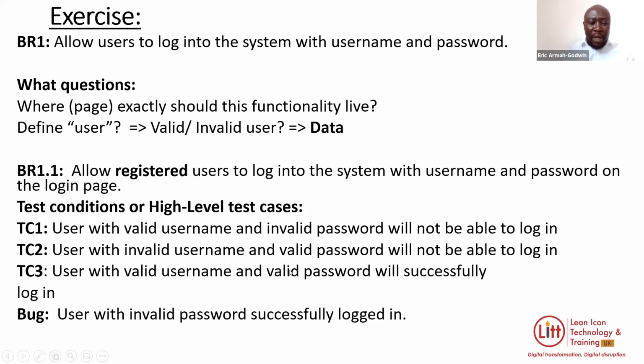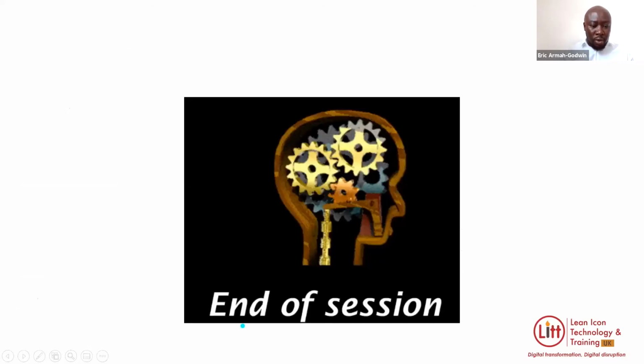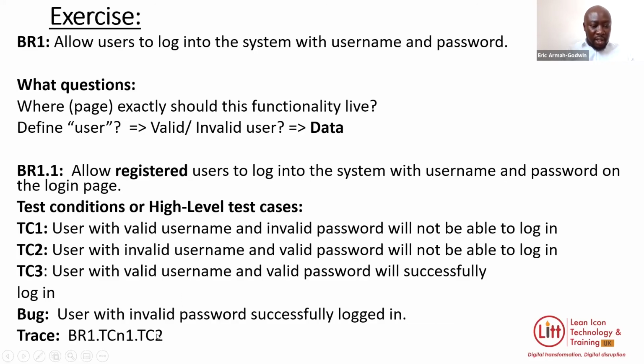So this will make a tester go back and look at their traceability matrix and attempt to trace the bug back from the test case. You can see the testers tried here to trace the bug back from test case 1.